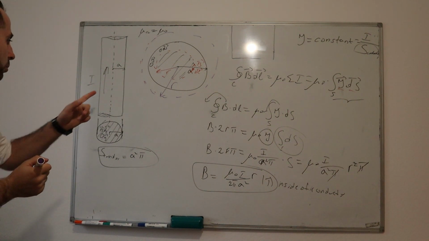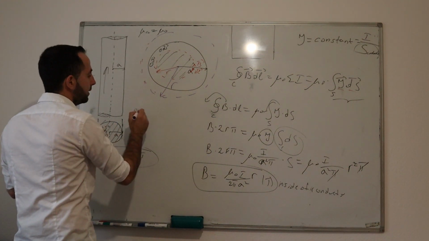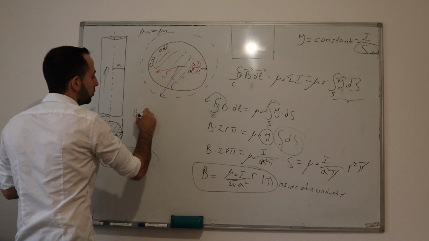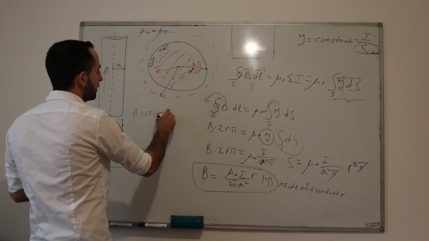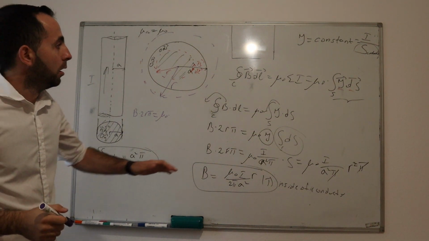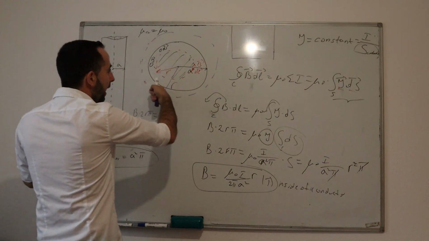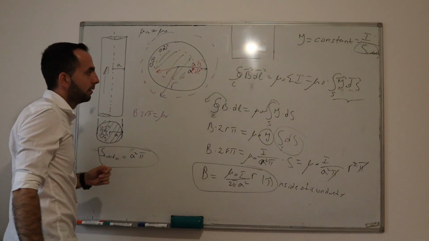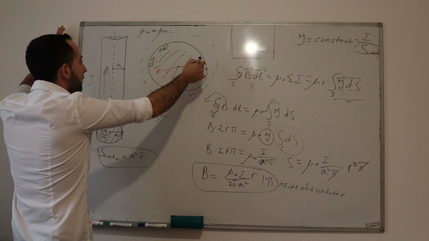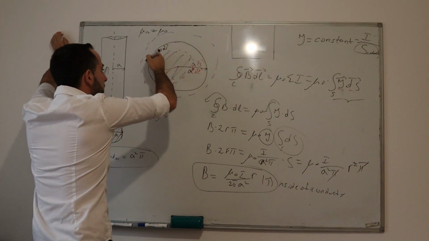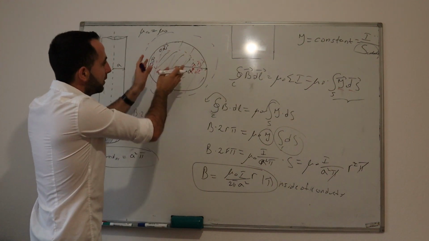And what will we get? Well, we will get the same result, B times l, but in this case l is 2 r pi, the circumference, which is equal to mu0 times, now we can use this formula, sum of I. Why? Because our closed contour is above, it takes into consideration the total surface of our conductor, the total current.